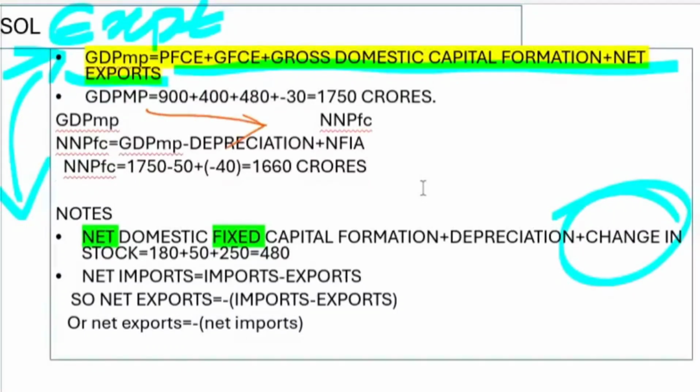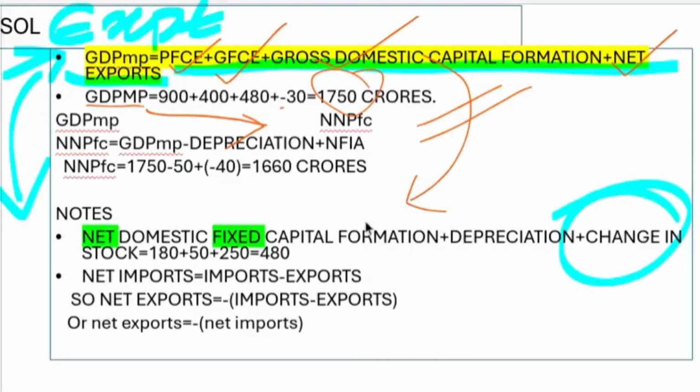The first one, private final consumption expenditure, is there in the question. Then government final consumption expenditure is also directly given in the question. Then we did some work for gross domestic capital formation. And the last one, net export, for which we took the negative. Let's check it with the question.